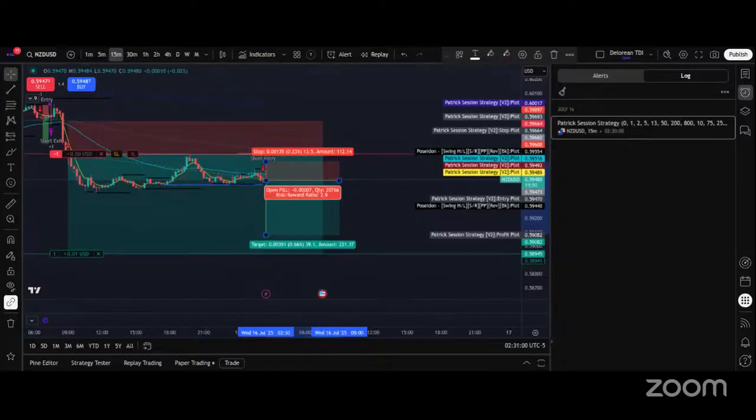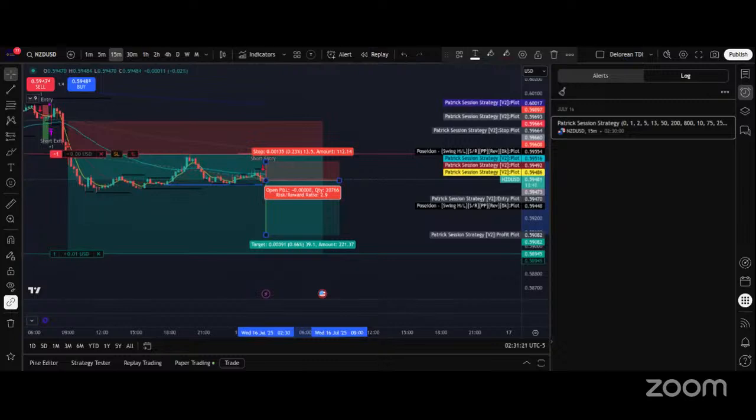This would be NZD USD, 15-minute confirmation, market execution sell. It's going to be a 2.90 risk to reward ratio. We're calling this trade just for the live, so this is for your benefit for being here to support.